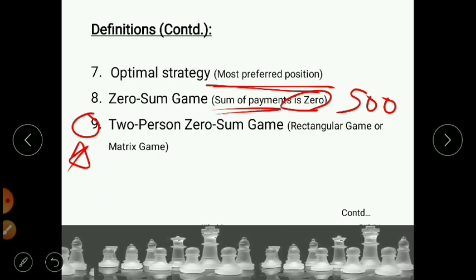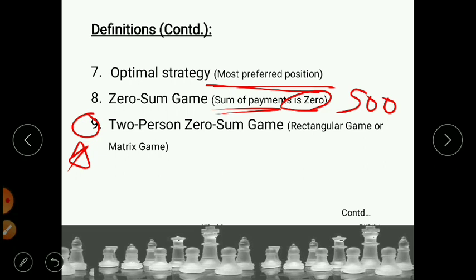So it is the combination of what we discussed in the zero sum game, as in the voter example, where the gain of the player that wins is exactly equal to the loss of the player that loses. Same is the case here, but only two persons are involved.